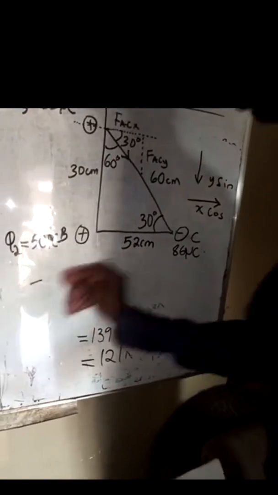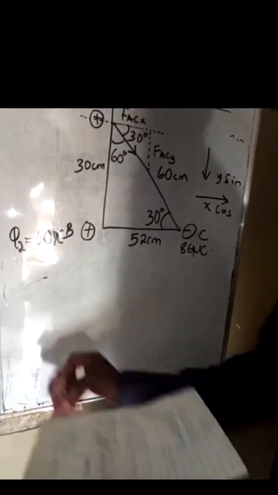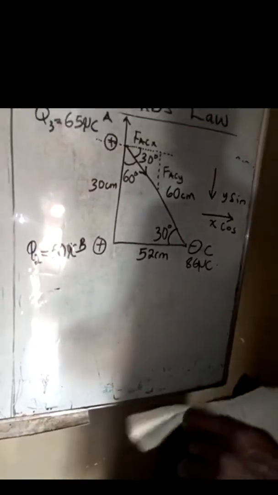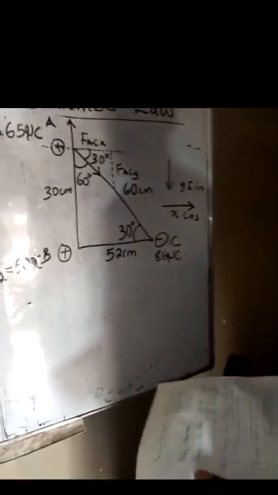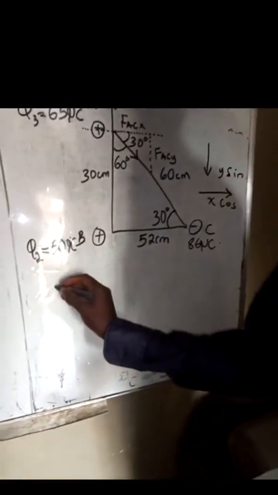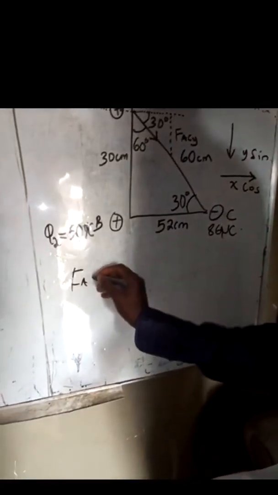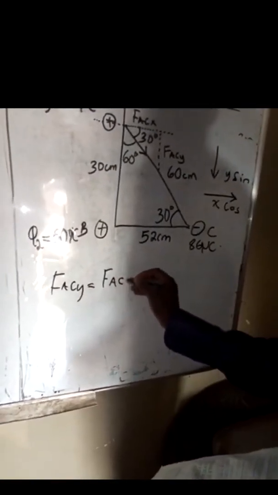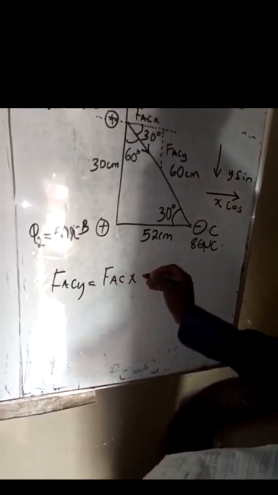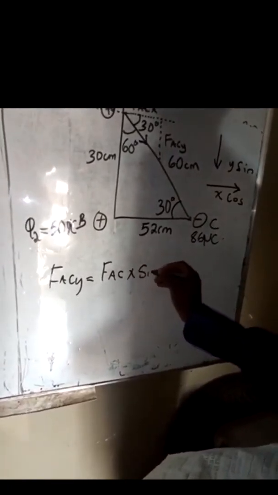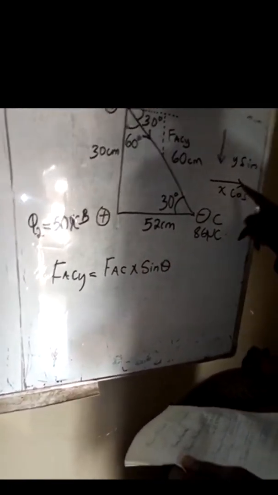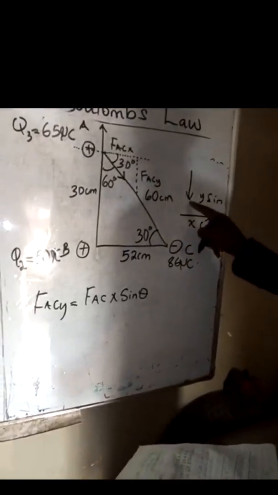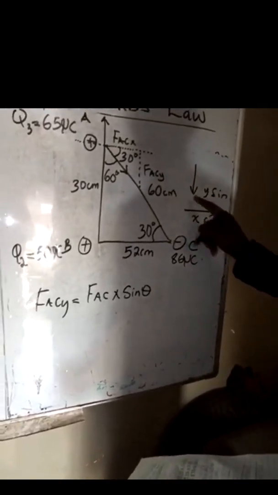Now, having gotten our FACX, there's need for us to also find FACY. So our FACY will be equal to the same FAC times, now instead of using cos, you change it to sine, because we are now referring to what? Vertical movement.